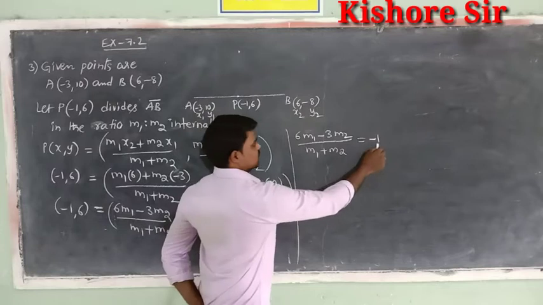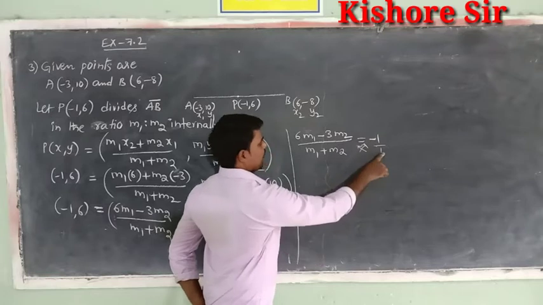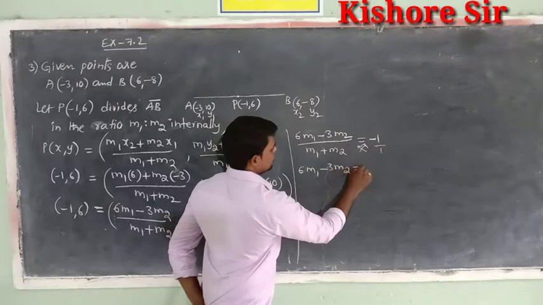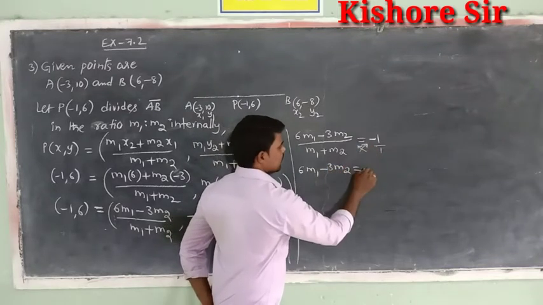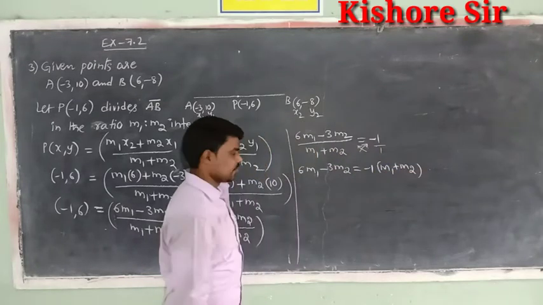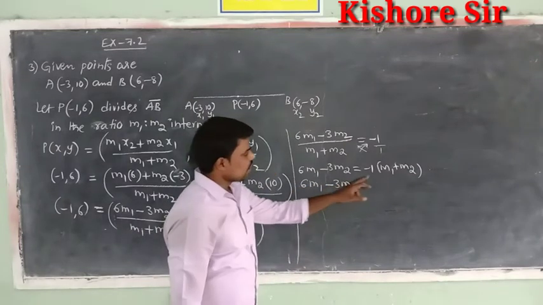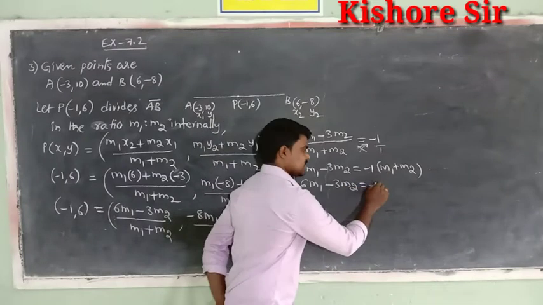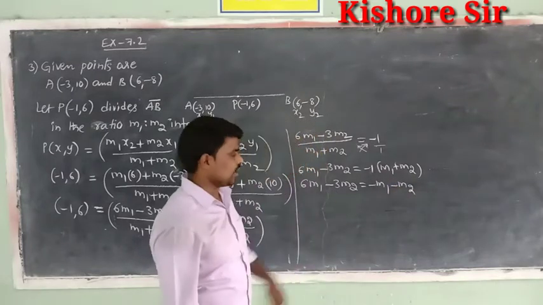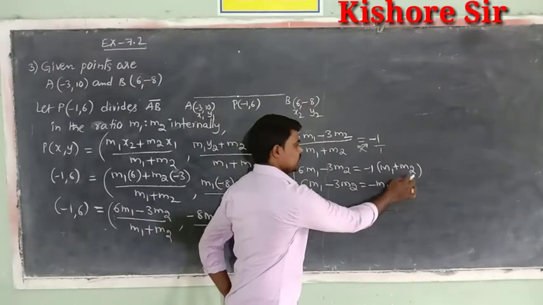So -1 by 1, cross multiplication: 1 into (6m1 - 3m2), that is 6m1 - 3m2, is equal to -1 into (m1 + m2). Now 6m1 - 3m2 is equal to -m1 - m2.